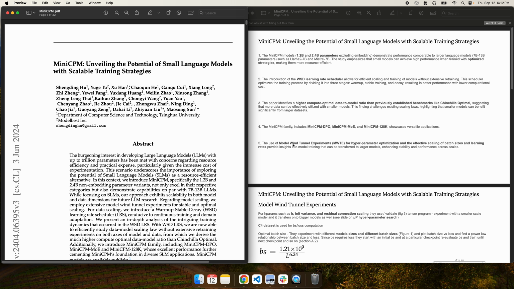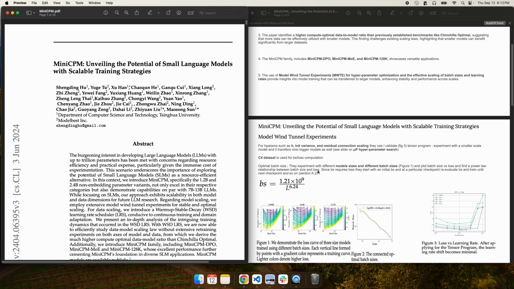They also perform hyperparameter optimization using a bunch of different wind tunnel experiments at a smaller scale and scale that onto a bigger scale model effectively. There are different families of models such as DPO, which is the direct preference optimization model, the mixture of experts model, and the long context model.